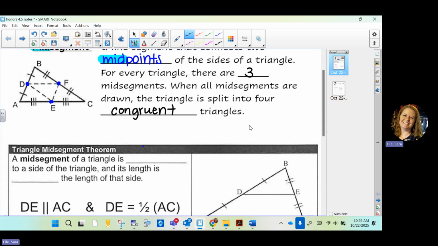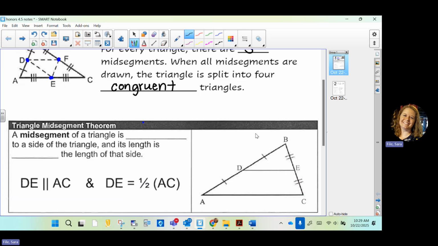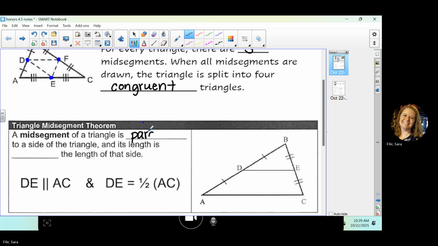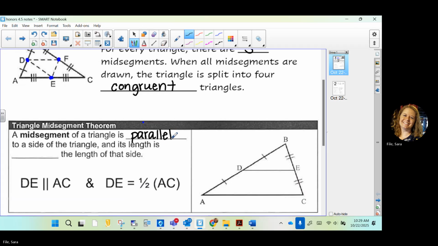So the triangle midsegment theorem says that a midsegment of a triangle is parallel to the side of the triangle, and its length is half the length of that side. Okay, so I'm going to do some color coding here, some highlighting. In this example next to the theorem, we only have one midsegment drawn, DE.